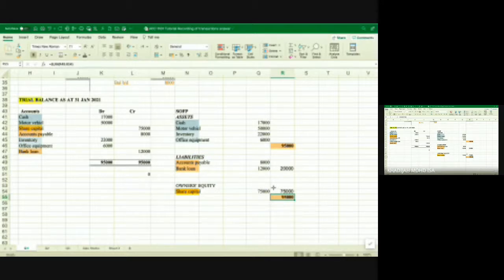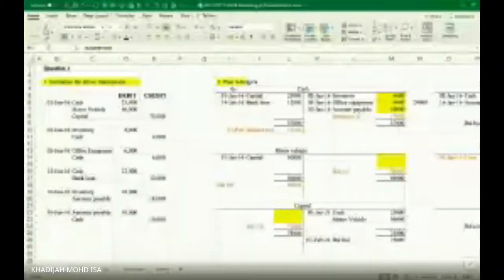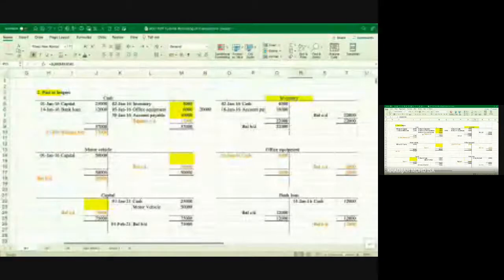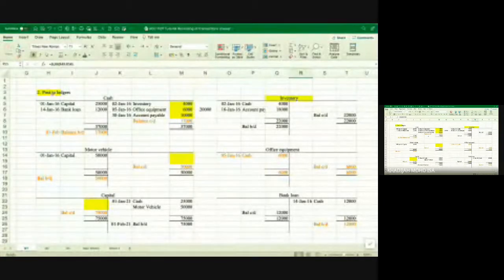So the first requirement: journalize the entries, post to ledgers, and then close the accounts. Don't forget to close the account. Right, and then post to trial balance.